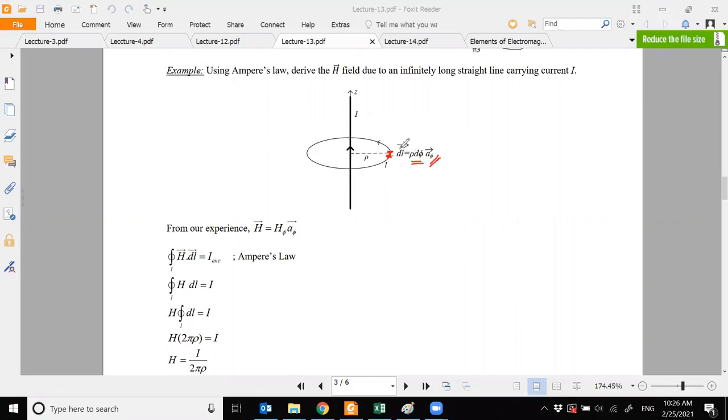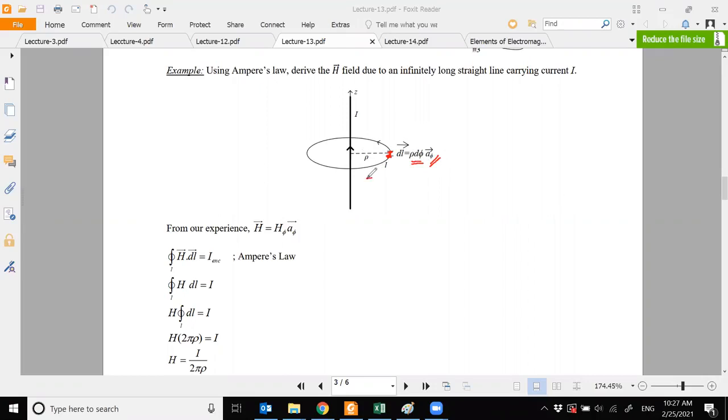So this is my dl. I'm not just taking dl, I'm taking dl bar. Why? Because in the closed line integral, it is H bar dot dl bar. It's a vector, so you need to show in which direction you are moving.